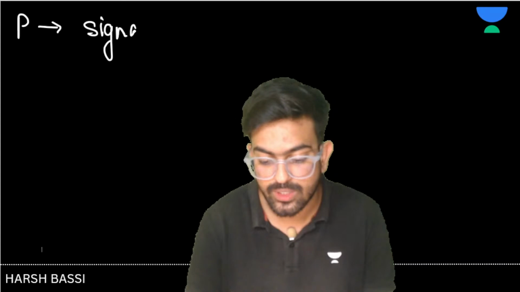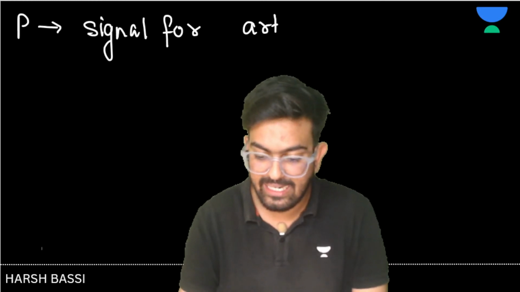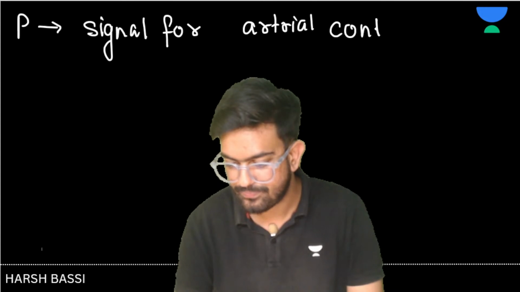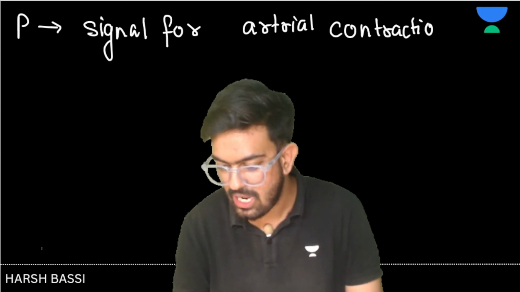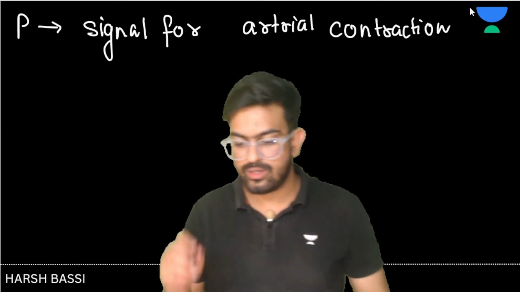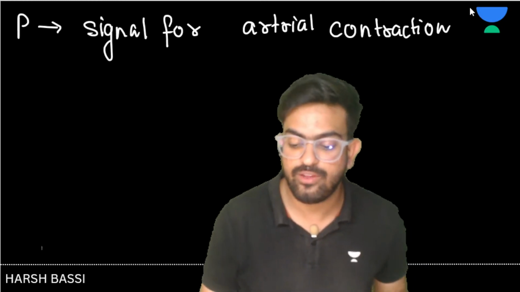Signal for atrial contraction. Okay, signal for atrial contraction. Clear? Okay, ये depolarization भी बोल सकते हो. क्या बोल सकते हो? Depolarization.